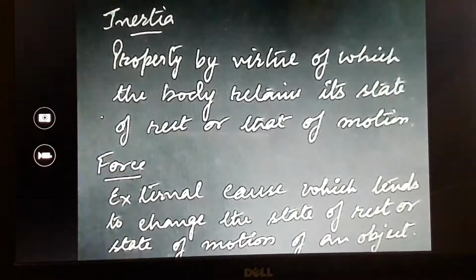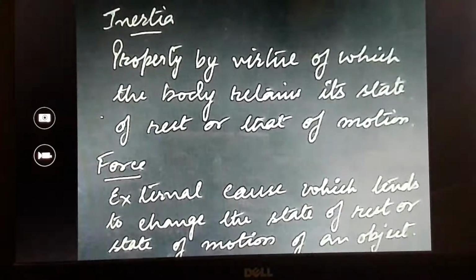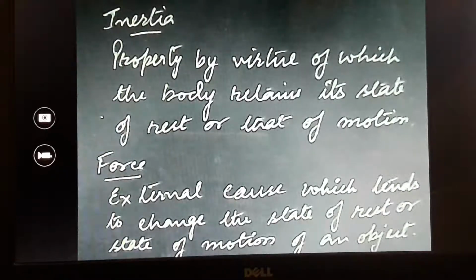So we have a lot of examples which confirm this first law of motion. When a train suddenly starts moving forward, the passenger standing in the compartment tends to fall backward. The reason is that the lower part of the passenger's body is in close contact with the train.